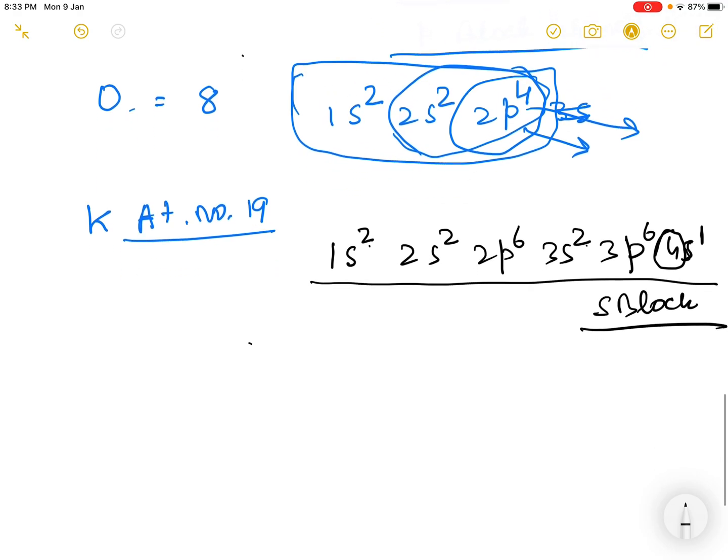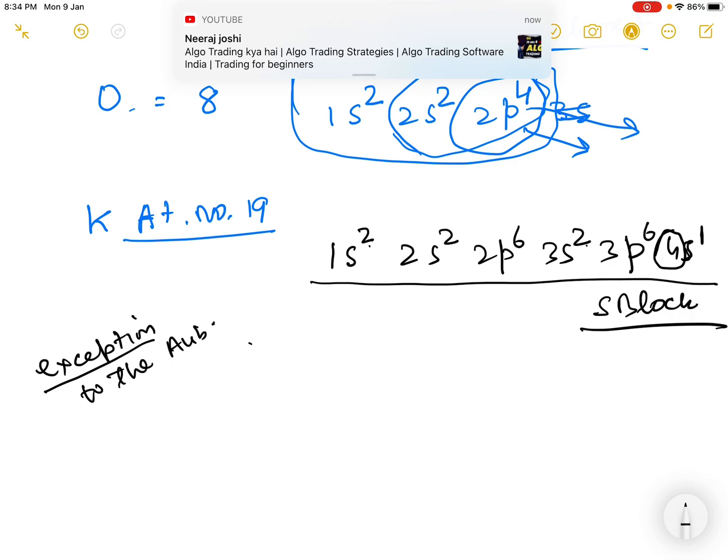So we will see the number of electrons in the fourth orbital. Now there are some exceptions to the Aufbau series.